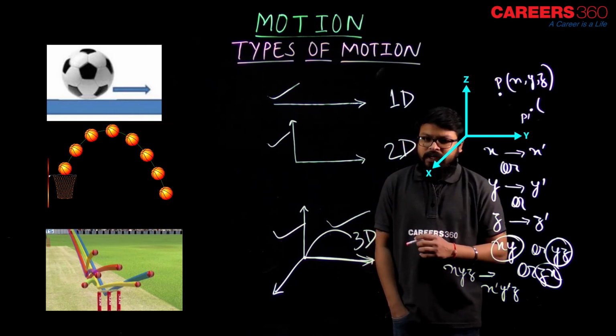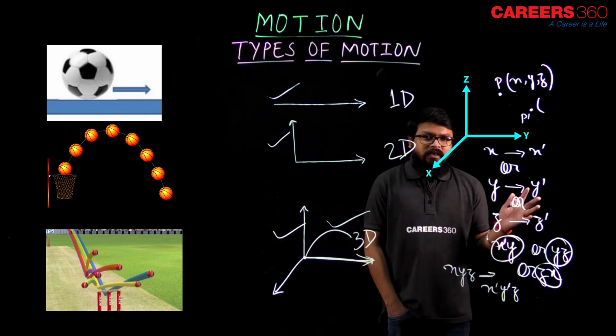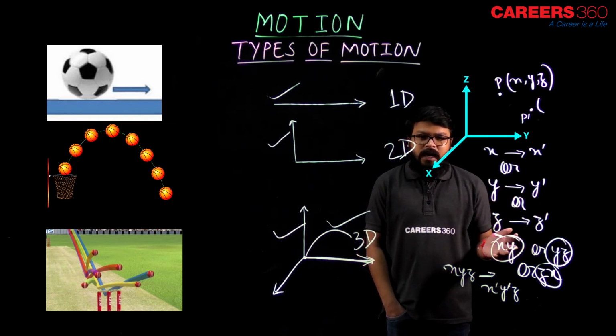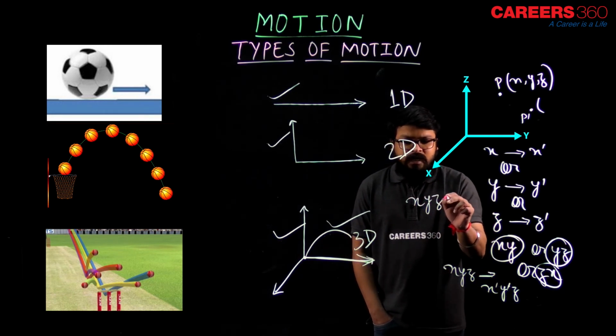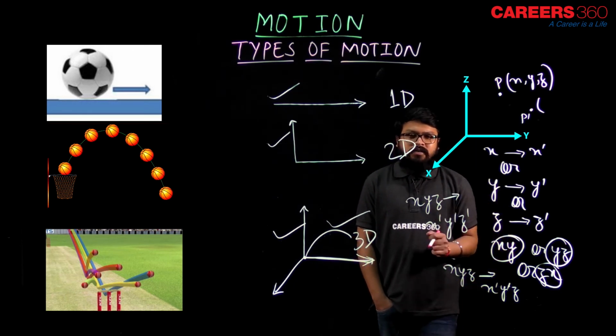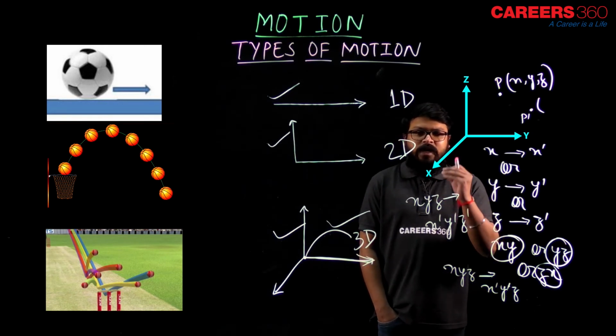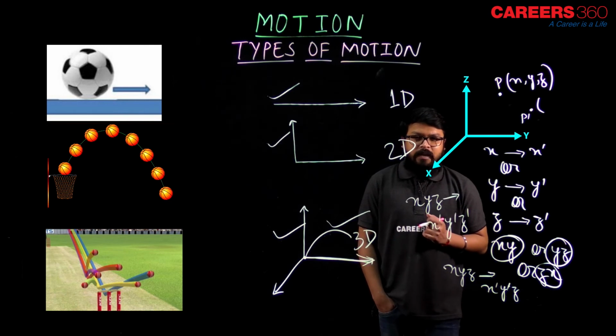And in case of 3D, of course, which you have already seen, all the three variables x, y, z have to change, x, y, z changing to x dash, y dash and z dash. So if all the variables change when the body is in motion, then we say that kind of motion is three-dimensional motion.